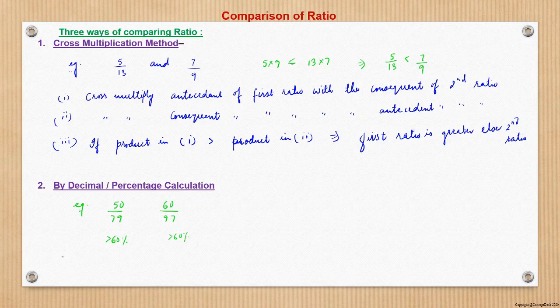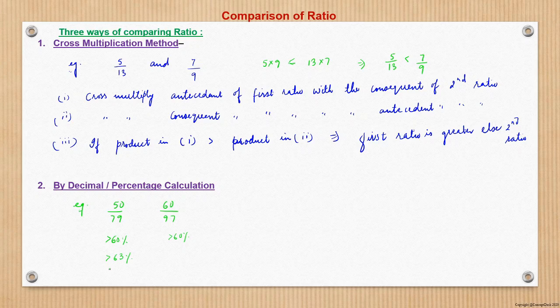Here we have calculated the percentage roughly, to the nearest tenth place, right? To accurately calculate the percentage without even using a calculator, we will see that in the percentage session. But roughly here I can write that 50 by 79 would be somewhere greater than 63%, right?